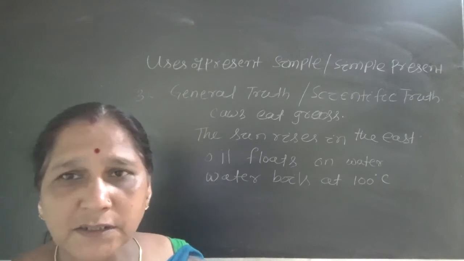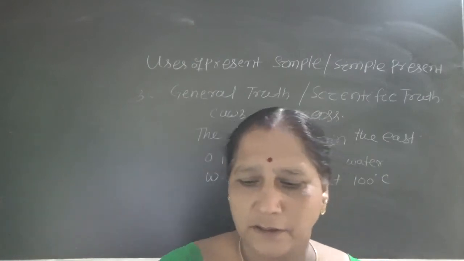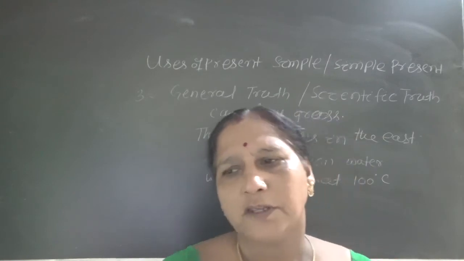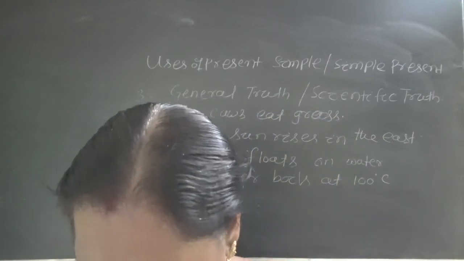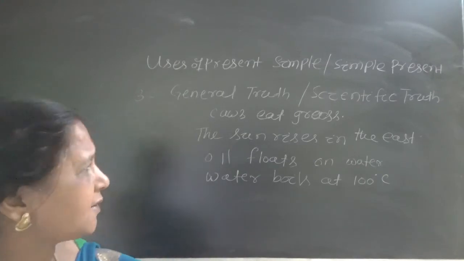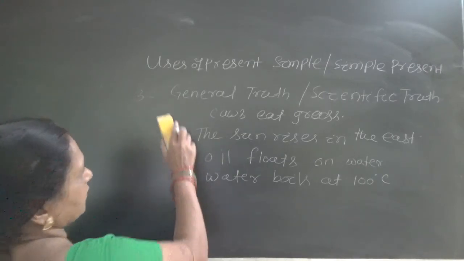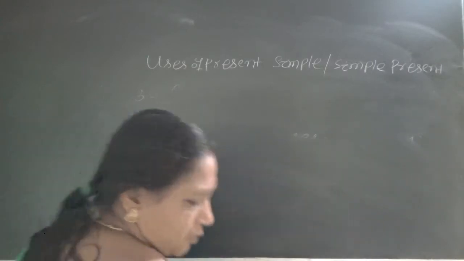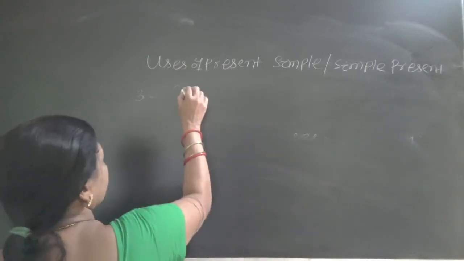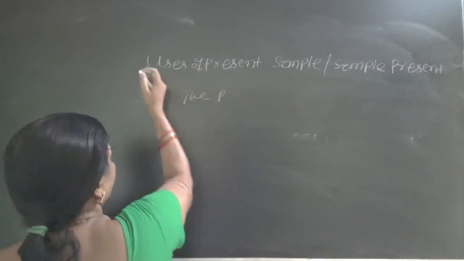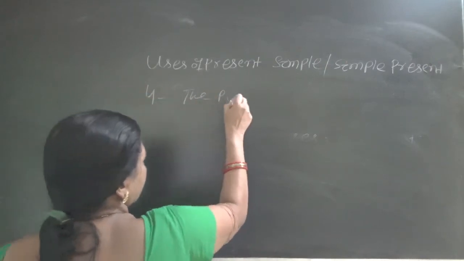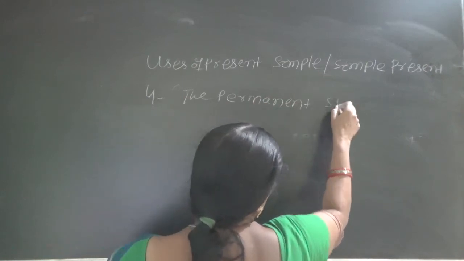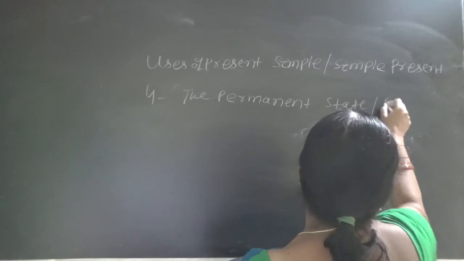Scientific truth means we can prove it in a scientific way. Then we can use present simple for a permanent state or permanent fact.